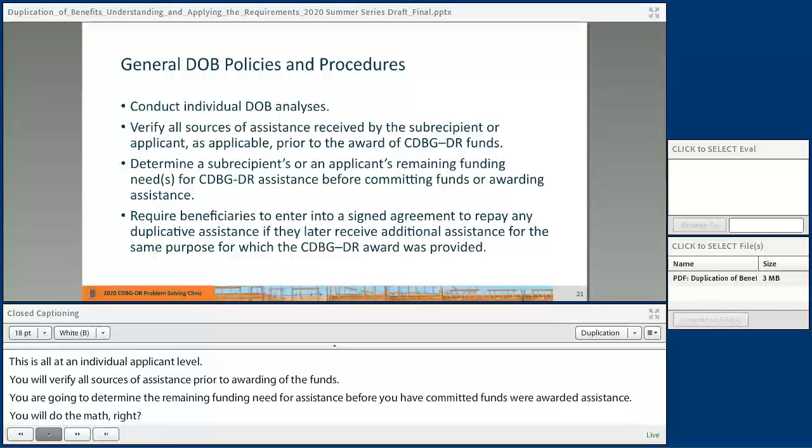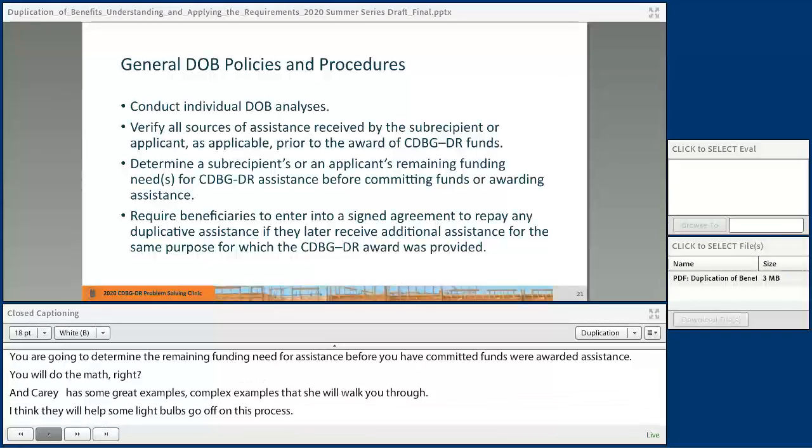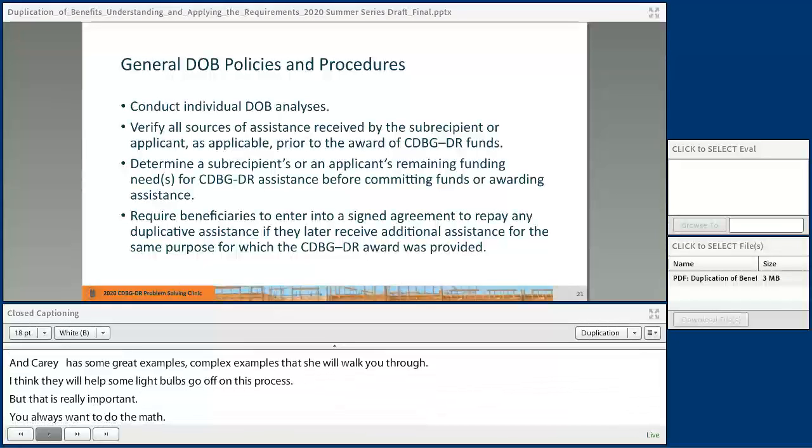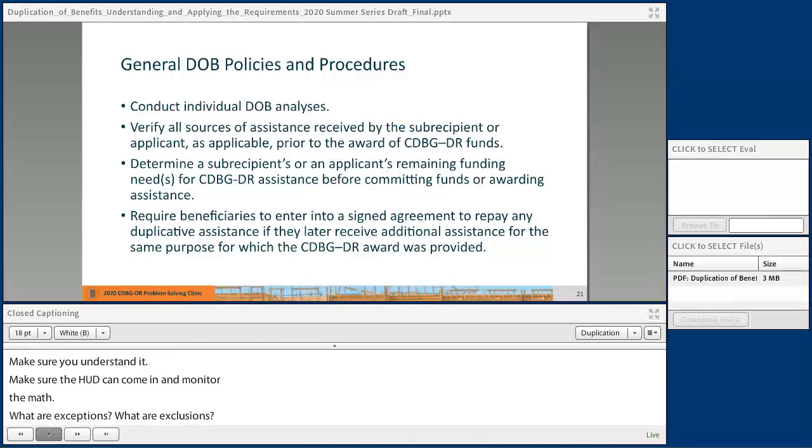But that's really important. You always want to do the math and make sure you understand it, make sure the HUD rep can come in and follow, and they're monitoring the math, right? So what are exceptions, what are exclusions, what was your final determination on award amount? And then, of course, for all our funds, that's a part of this process, you have to have the applicant sign a subrogation agreement.